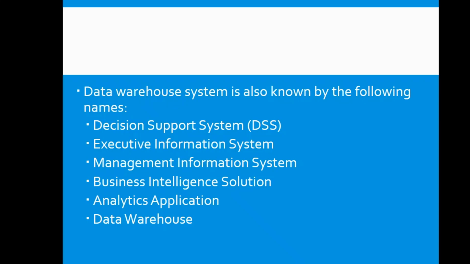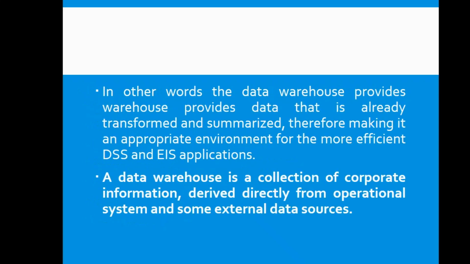Now, data warehouse systems are also known by the following names: decision support systems, or EIS, executive information systems, or MIS, or BI solutions, analytics applications, or simply data warehouses. In other words, the data warehouse provides warehouse data that is already transformed and summarized, making it an appropriate environment.